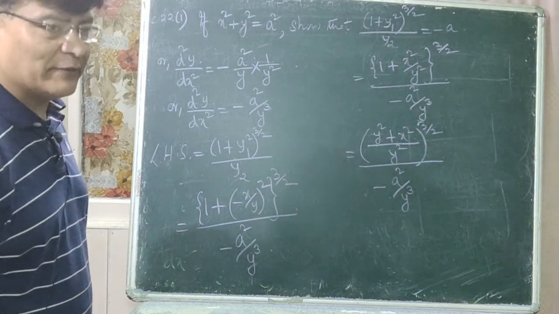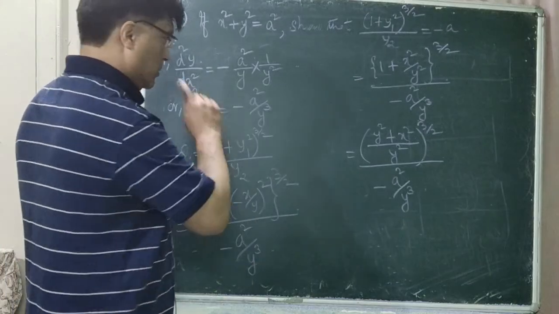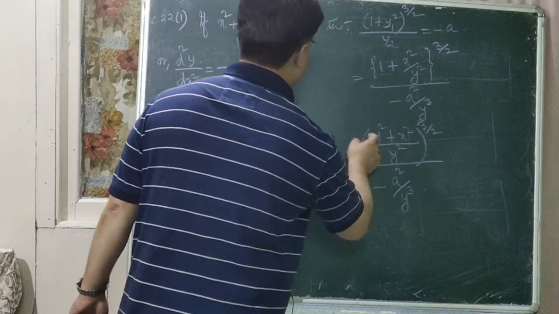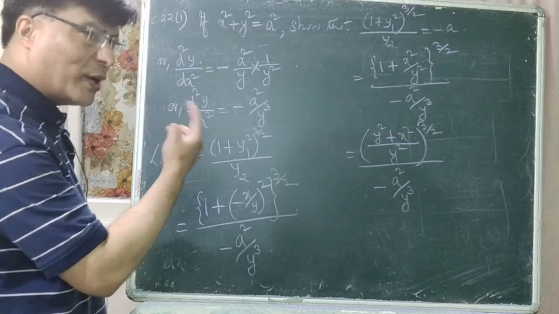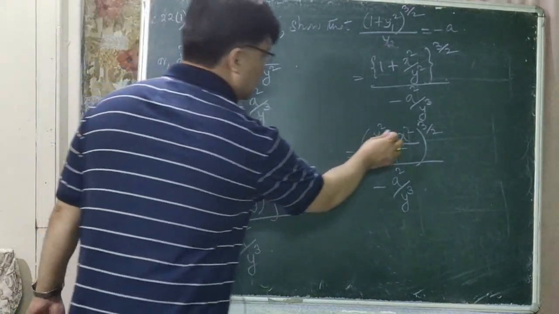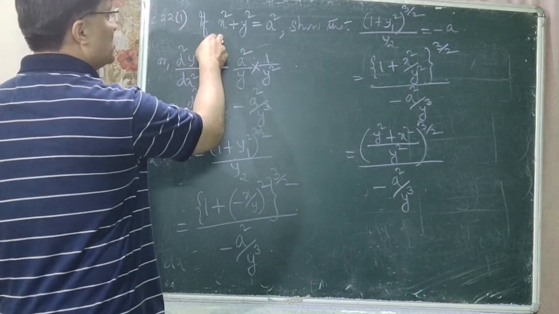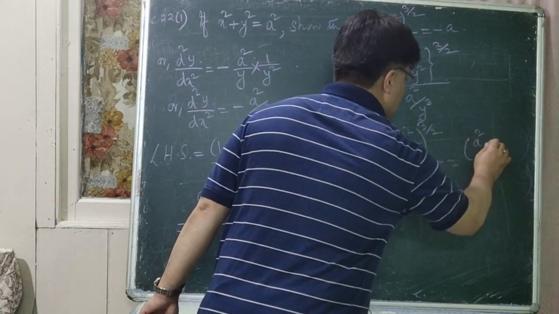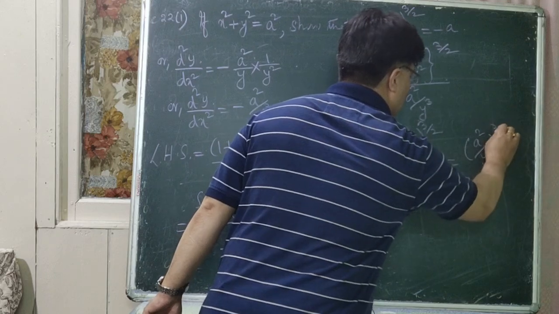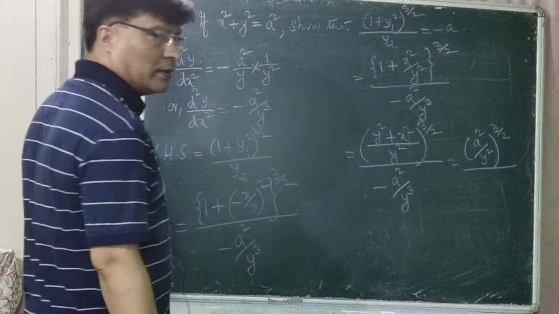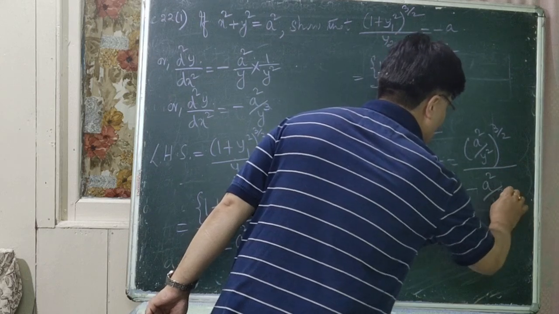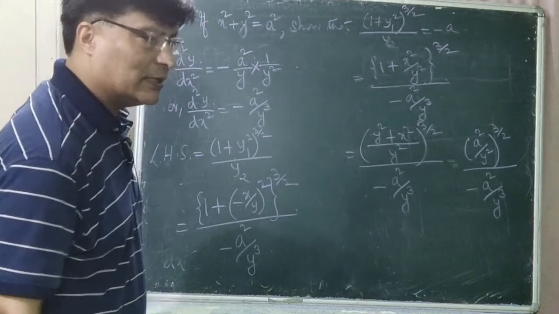Now again you can simplify it further. So instead of this x square plus y square, what can you write? A square, isn't it? This is x square plus y square, which is equal to a square. So you can put the value here, a square by y square whole to the power 3 by 2 divided by minus a square by y cube. Is that clear?